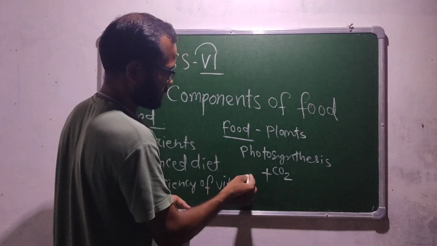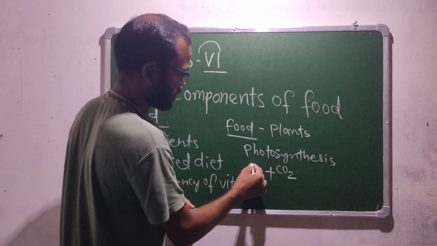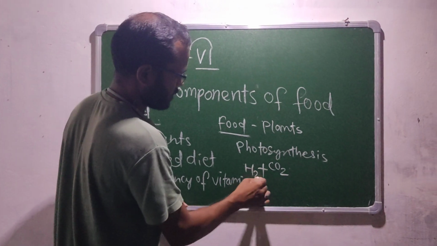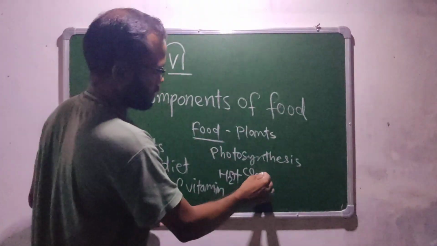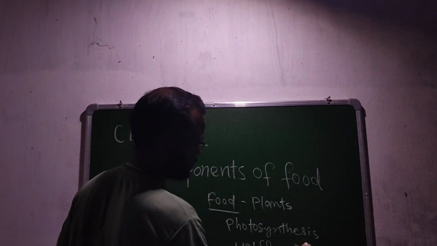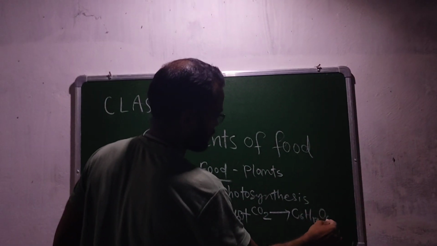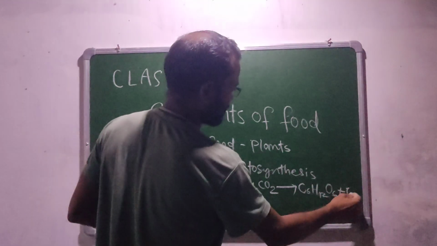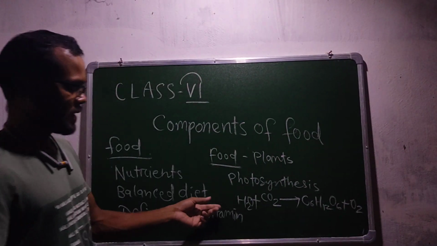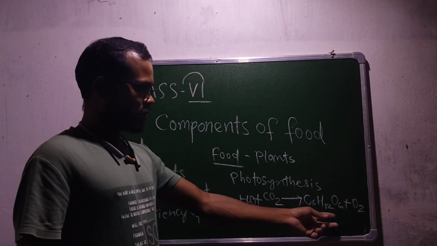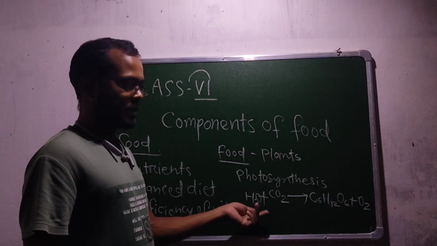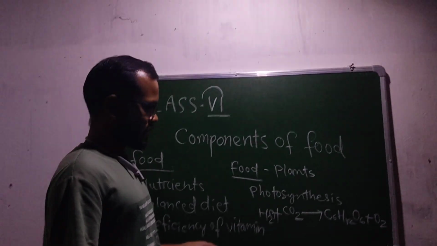CO2 plus H2O react to make C6H12O6 plus O2, and oxygen is released as the byproduct of photosynthesis.